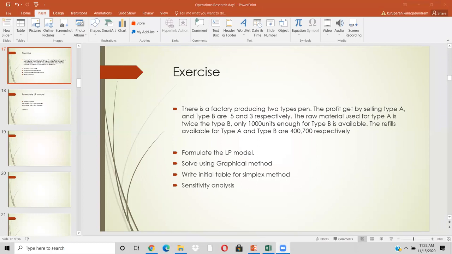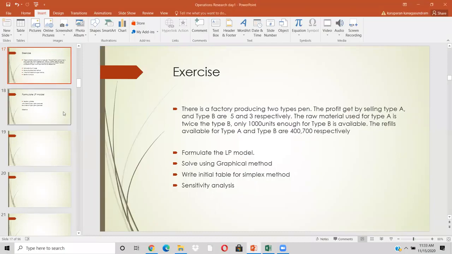By changing the number of pens, what are we trying to change? See what details they gave. They didn't say anything about cost. Nothing is stated about the cost of type A or type B. They only talked about the profit from selling type A, that's 5, and 3 from type B.